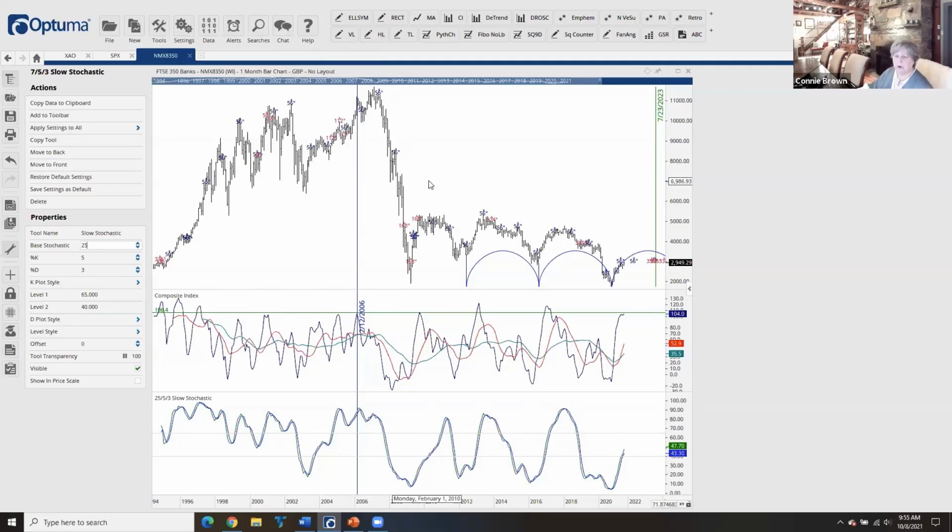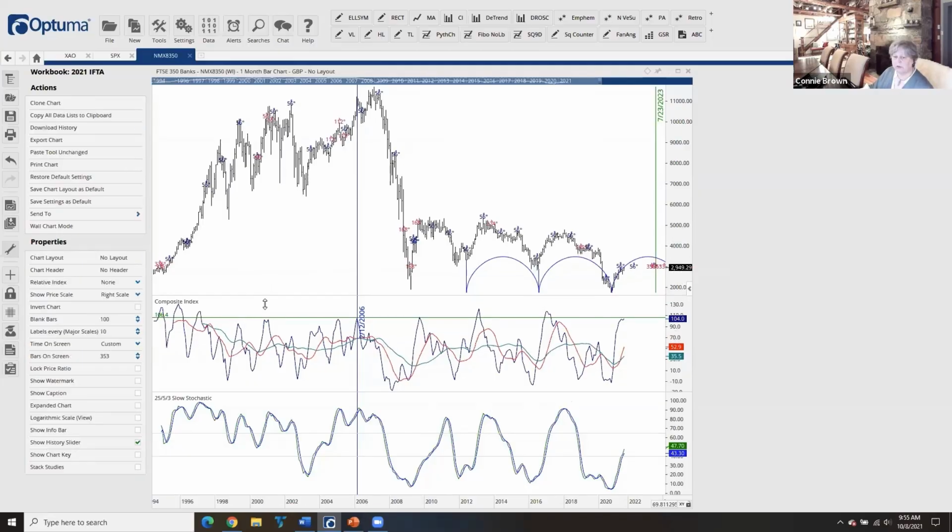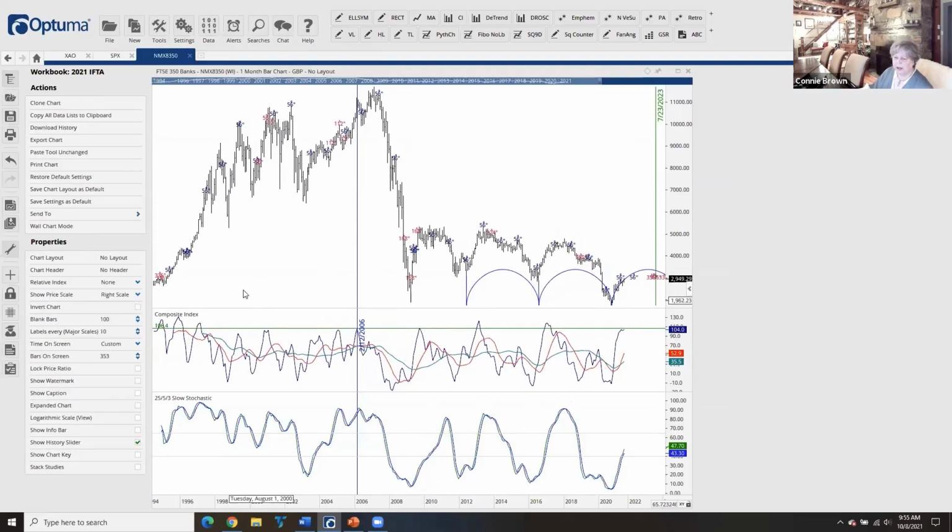But what I want to show you is that a probability occurs within this composite index, and that is the displacement. It allows me to say, hey, I've been here before. What was the pattern that occurred? You'll see that I have a correction, but it's not the final top. The top comes at a lower level.